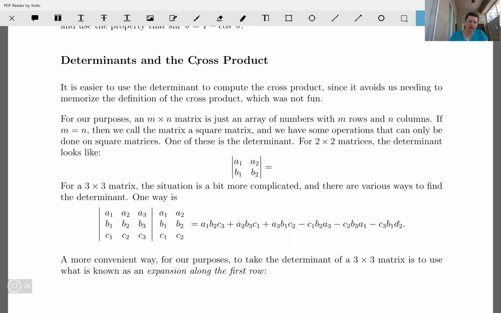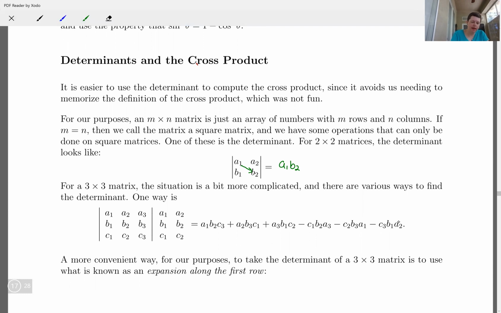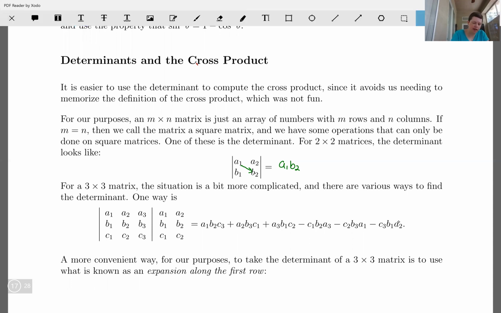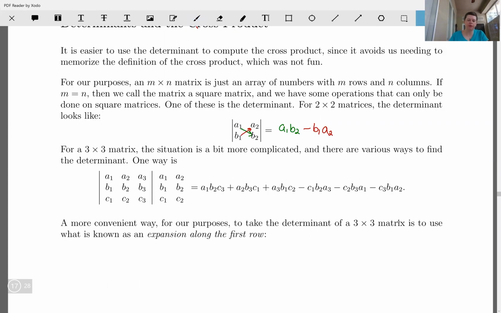So for 2 by 2 matrices, how do we define the determinant? We take the product of the top left and bottom right entries, and from that we subtract the product of the bottom left and top right entries. And that's the determinant of a 2 by 2 matrix.